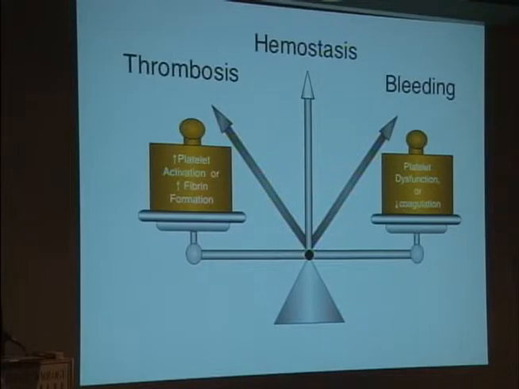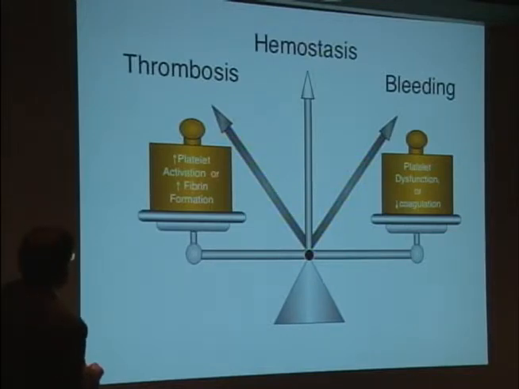What I hope to convince you of today is that there may be prospects for identifying things that will contribute to thrombosis that don't play as important a role in hemostasis as some of the enzymes you've heard of today, like thrombin and factor 10A, and therefore that we might be able to develop treatments or preventive measures for thrombotic disease that don't compromise the normal hemostatic system.